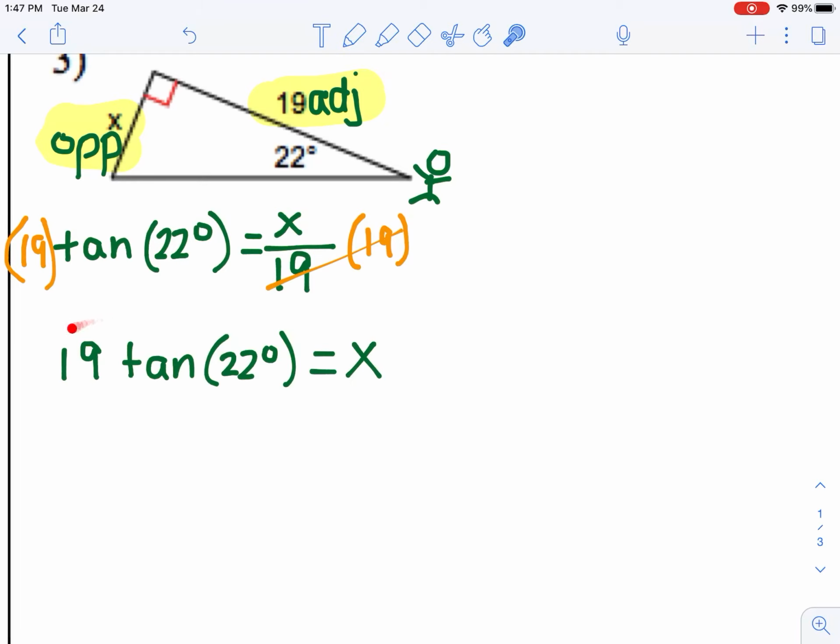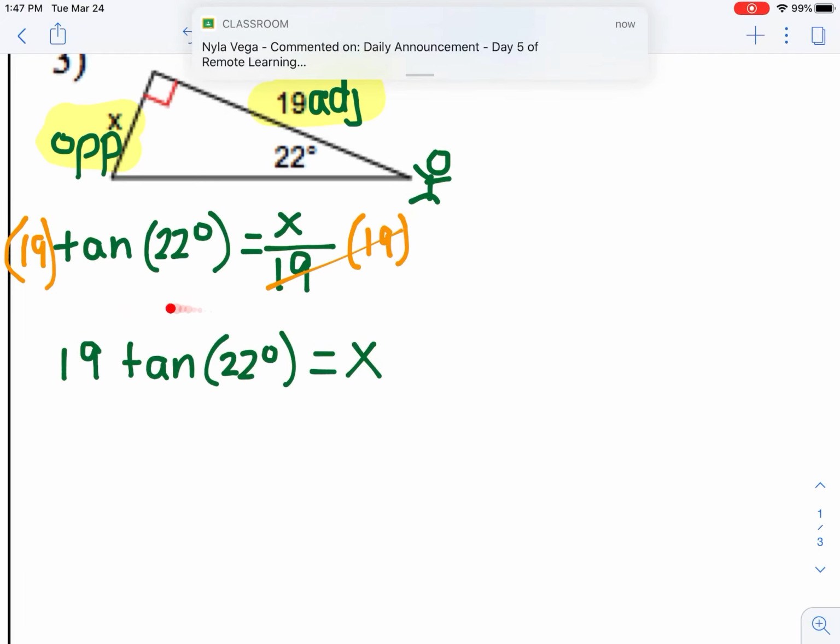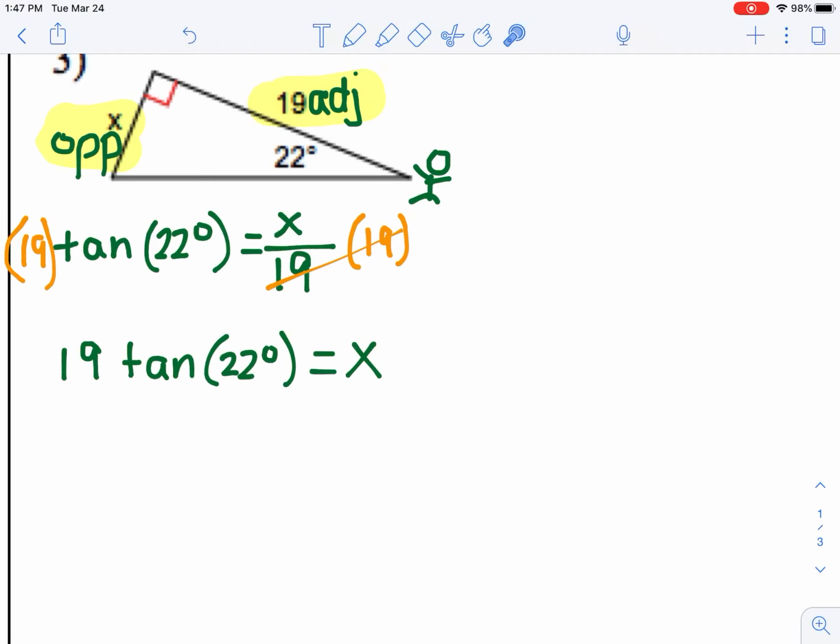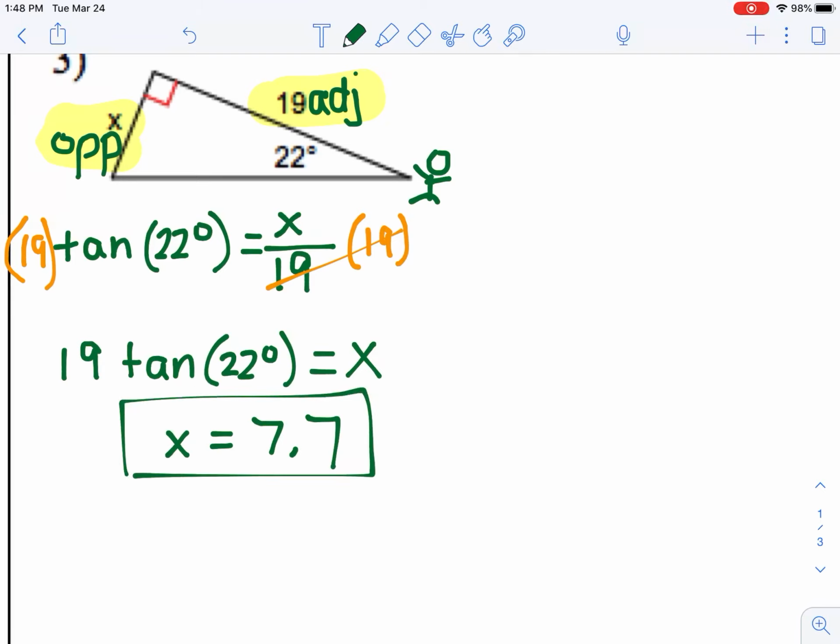Get that handy calculator out and type this in. Okay? I'm going to write 19 times, hit that trig button, the tangent of 22 degrees. I'm going to get that x equals 7.7. If you're not getting that, make sure in your settings it's changed to degrees and not radians.